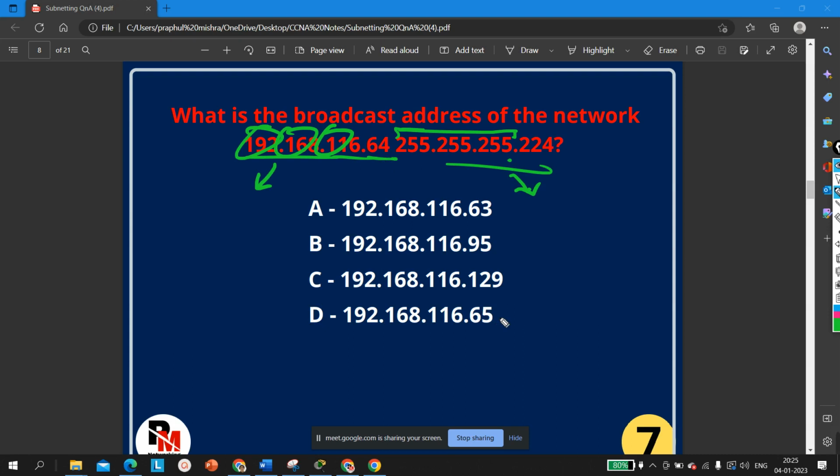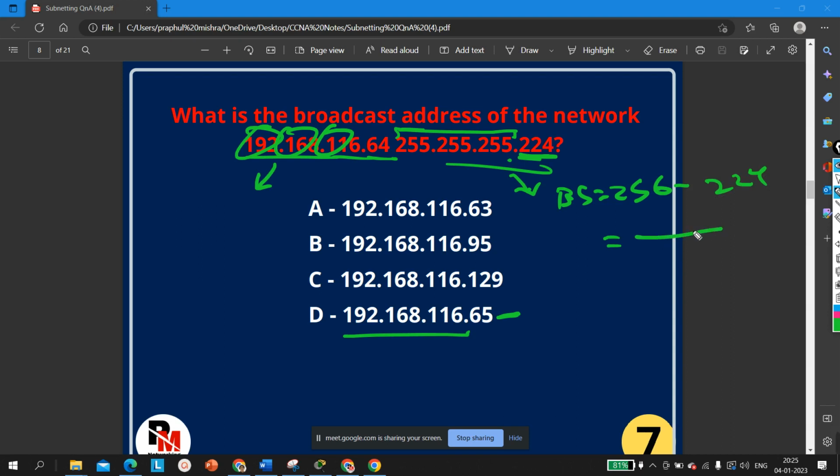Okay, so one is saying D, and block size is the formula 256 minus the subnet mask of the octet where the last one is present. The last one is present in the fourth octet, it will be 224.